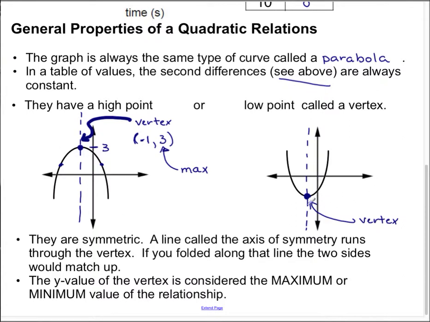Over here, let's say this vertex is (-1, -2). Then this -2 is as low as the parabola gets, because the y-coordinate tells us where it is up or down. So that -2 is going to be the min, the max or the min.